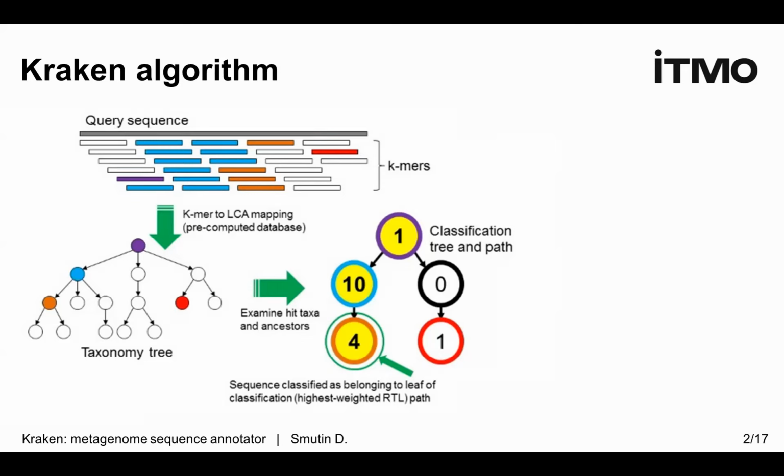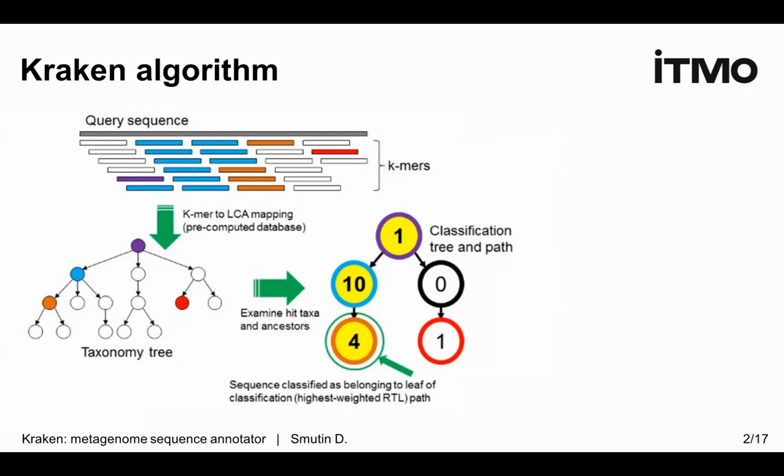Of course, different k-mers could belong to different taxonomy parts, and if we have a common k-mer for a really big part of the phylogenetic tree, we wouldn't like to classify it on such a top level.